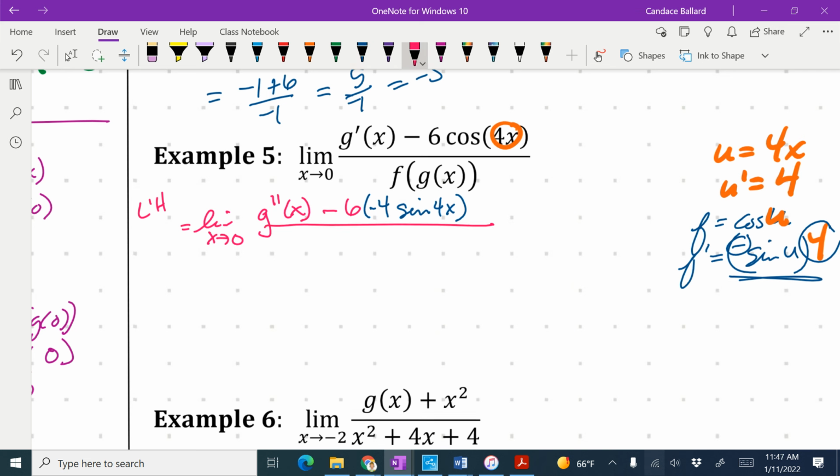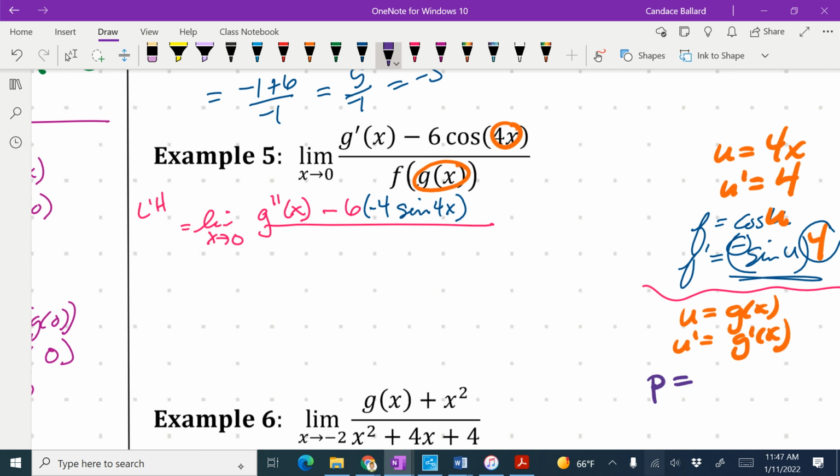Now, ooh, what do I get to do now for the denominator? Another chain rule. Wasn't that nice? Double chain rule. Okay, so u equals, and again, I could use w. I really probably should. I'm being kind of lazy. All right, what's the derivative of f of g of x? But this is one we could almost have memorized, right? Because we've done it so many times. All right, I'm not going to call it f. We'll call it something else.